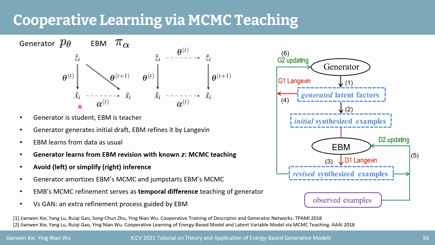So you can think of this refinement process from xi hat to xi tilde as a temporal difference process, because you run some steps of Langevin dynamics according to the EBM, right? So you can think of this also as a temporal difference learning method.